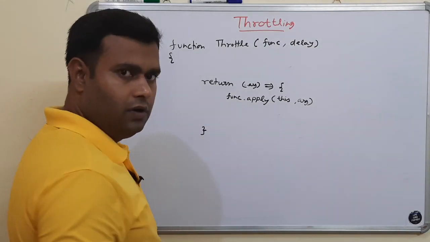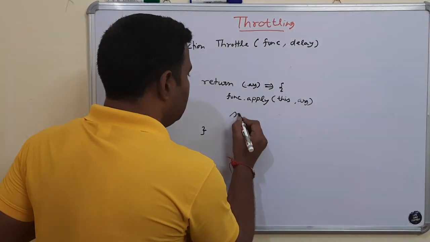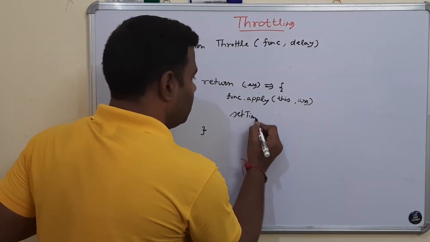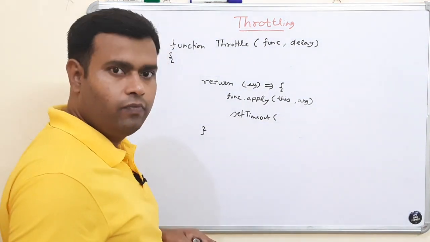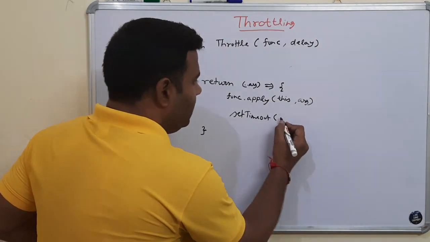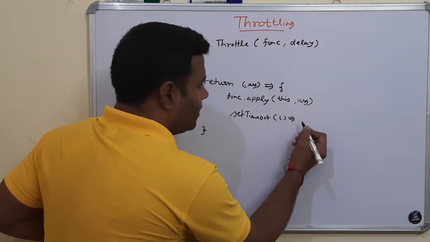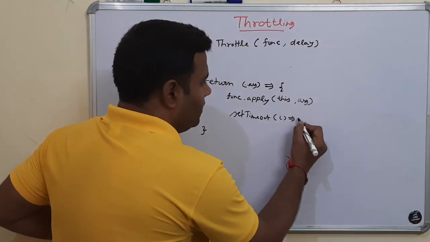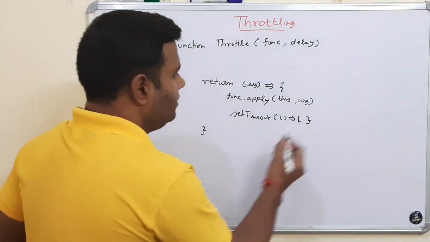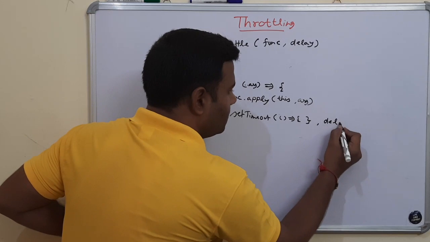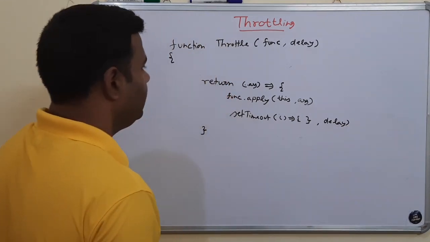Now we have to delay, so we will call setTimeout. In the timeout, we will run some logic, right? Let's say I am adding an empty function. I'll talk about the logic later. And this delay, right? We have to do this.